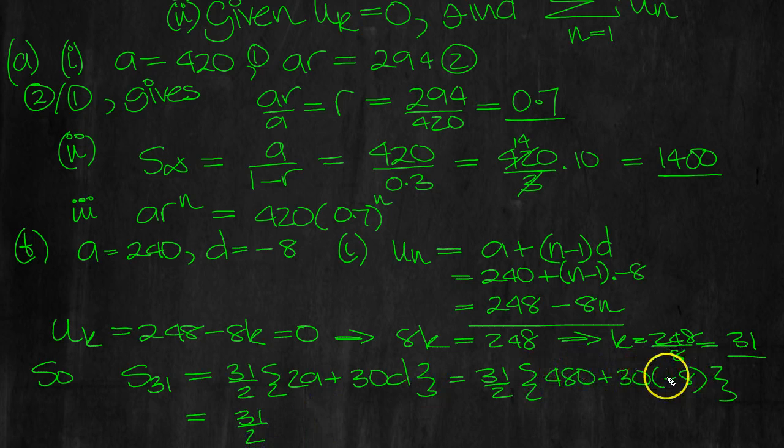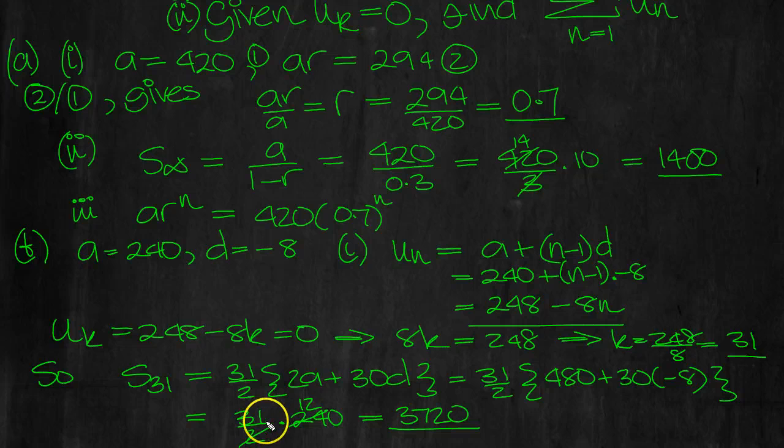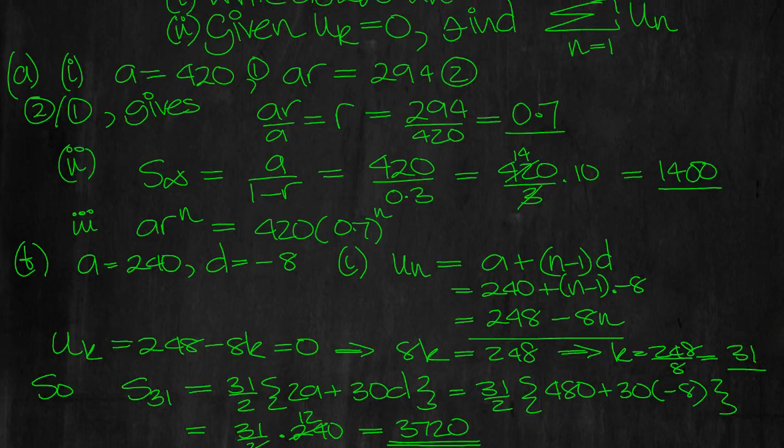This is minus 240. 480 minus 240 is 240. And then 2 goes into 240 120 times. So we've got 12 31s and a 10, haven't we? 310 and 62 is 372. Tap it in the calculator again if you need to. 10 31s are 310, 2 of them is 62, 310 and 62 is 372 times by 10, of course. 3720. So that'll be the sum of the first 31 terms.